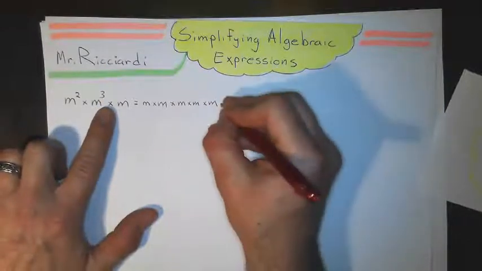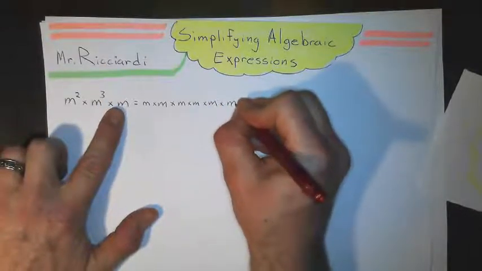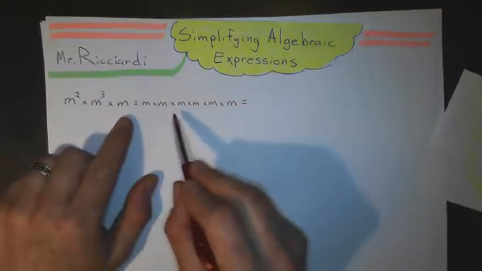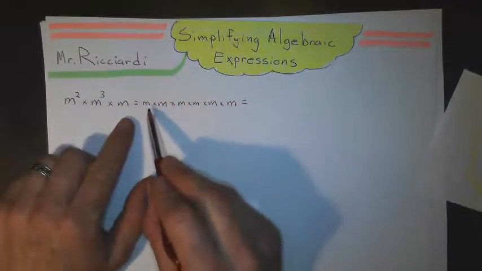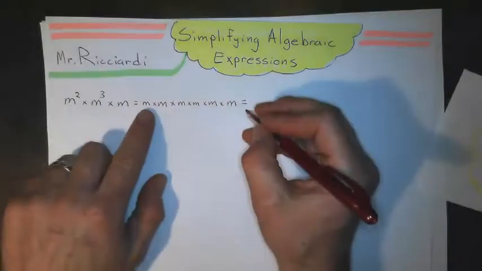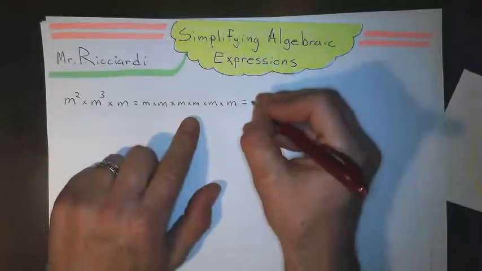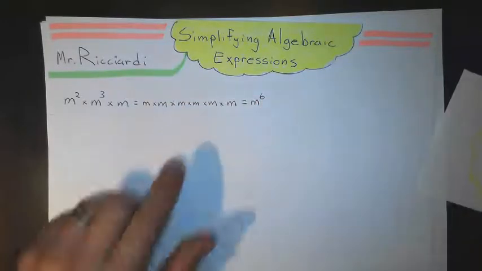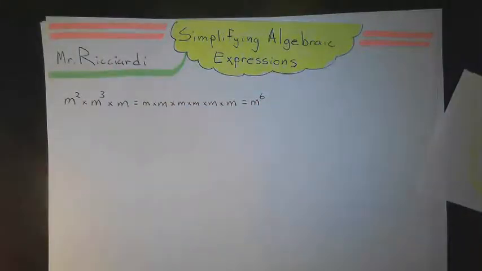And that's a lot of m's, so we're going to want to come up with a shortcut, and we can count the number of m's, 1, 2, 3, 4, 5, 6. So repeated multiplication is shown by exponents. So m times itself 6 times is m to the 6. Okay, and you're wondering there must be a shorter way, and there will be a shorter way.